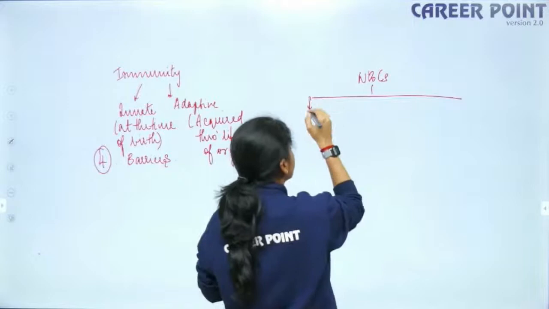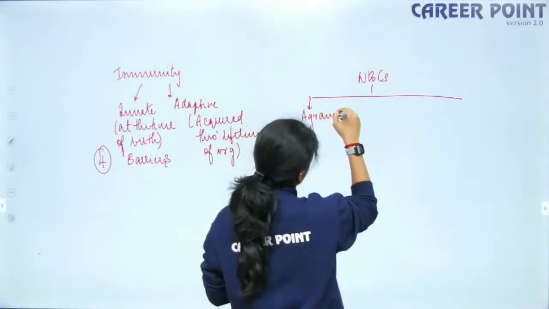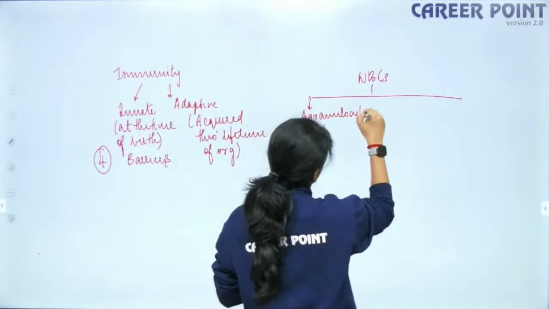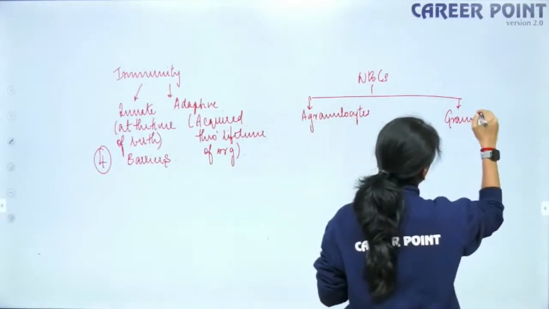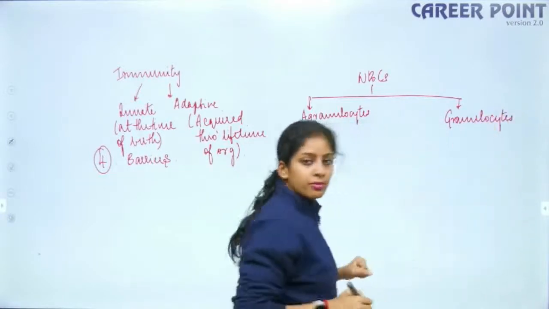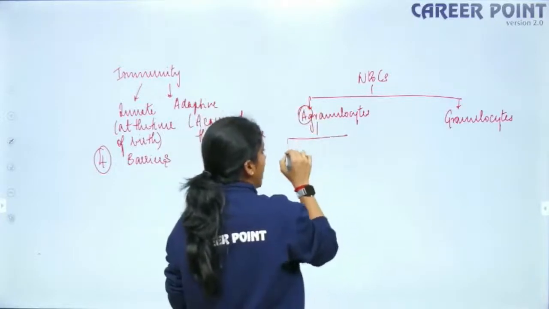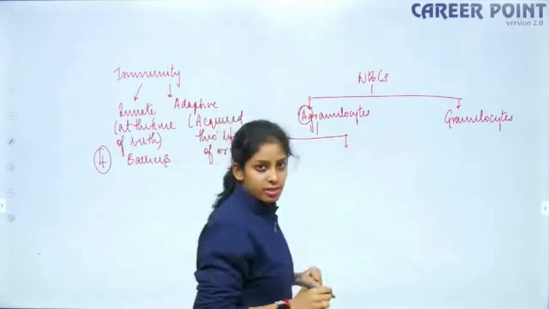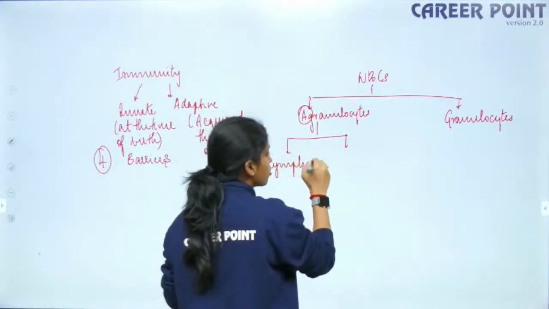One is your agranulocytes. The other one is your granulocytes. Right? So agranulocytes are of two types where the granules are absent. So this includes your lymphocytes and your monocytes.